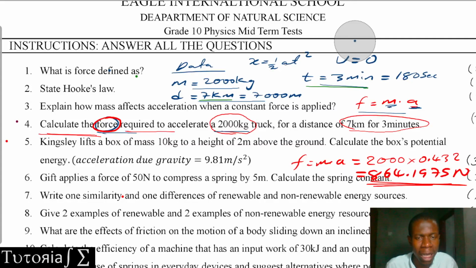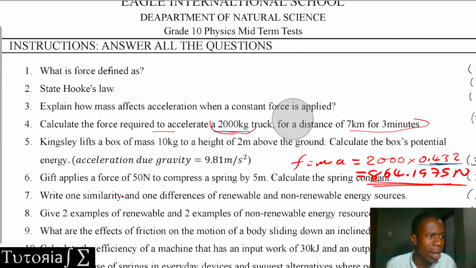So this remains like this. You replace your distance and your time squared, then you simplify and it gives you the acceleration that you need here. You replace and move on from there.